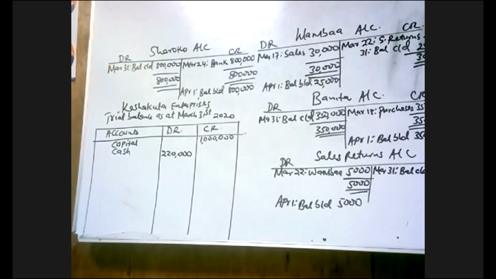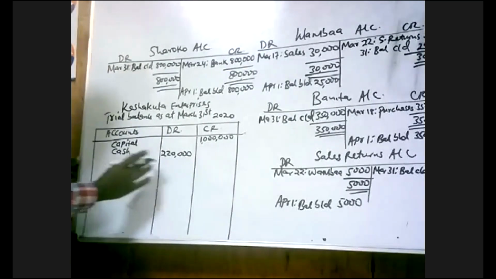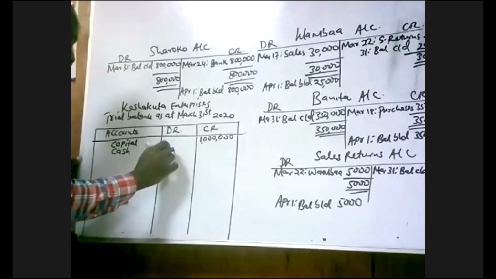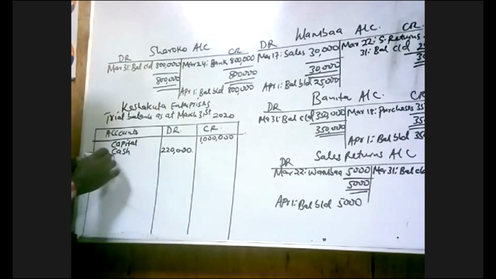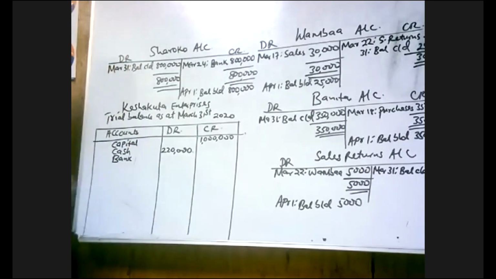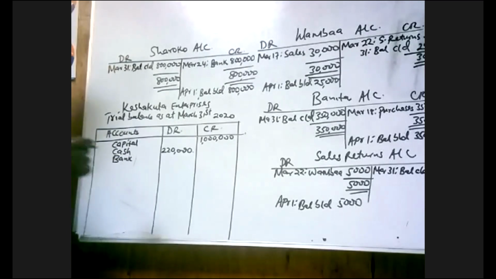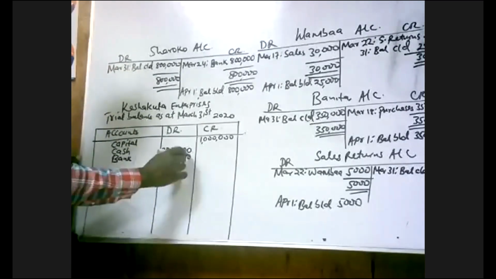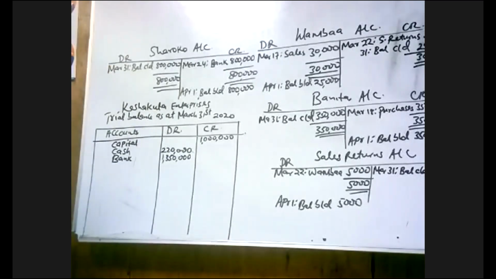The next account that we had was bank. The balance brought down was how much? Which side? Debit. 1,060,000 debit.